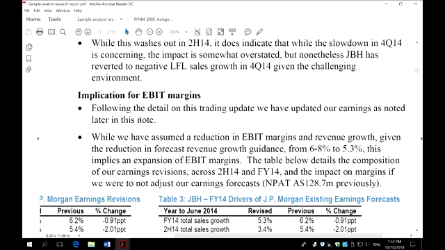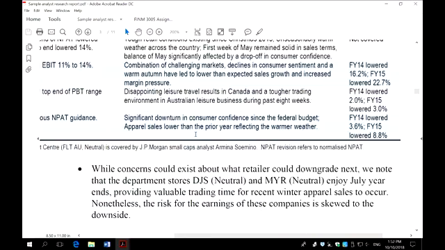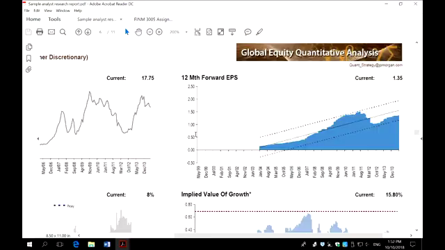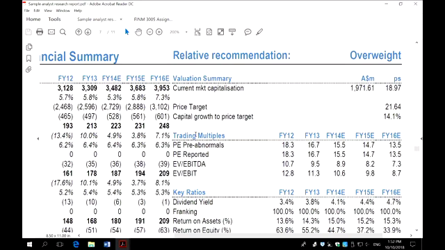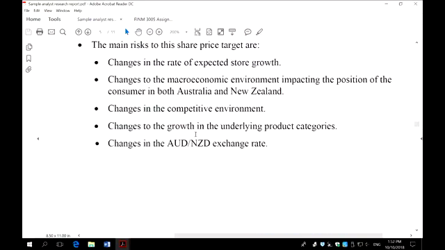So the implication is what happened to the company. Implication for EBIT margin: following the detail on this trading update, from the first page, the company has provided the trading update. We have updated our earnings as noted later in this note. So here is an analysis of the impact on margin, and from later pages, you have updates of its forecasted P&L and balance sheet as well.